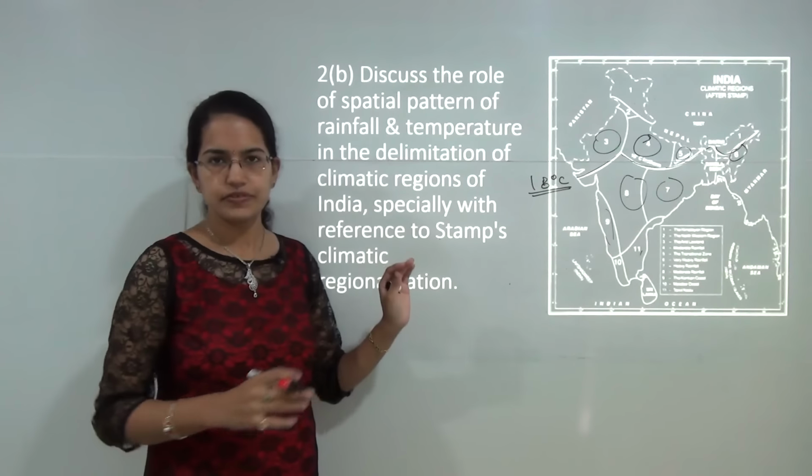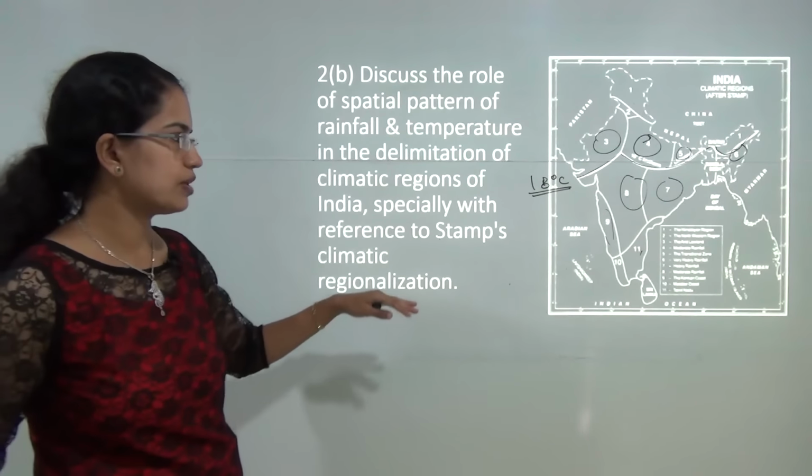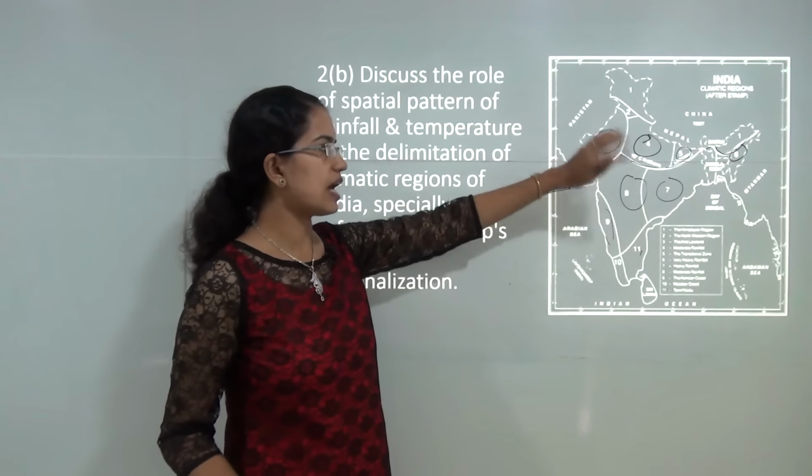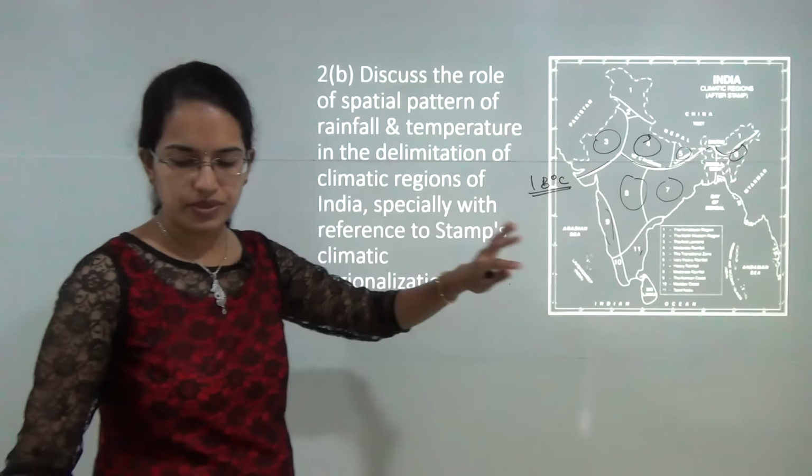So that was the classification propounded by Stamp. So you have to demarcate above 18-degree isotherms and below 18-degree isotherms and the regions in the corresponding zones.